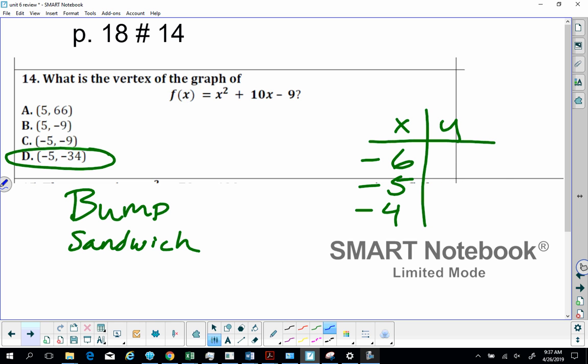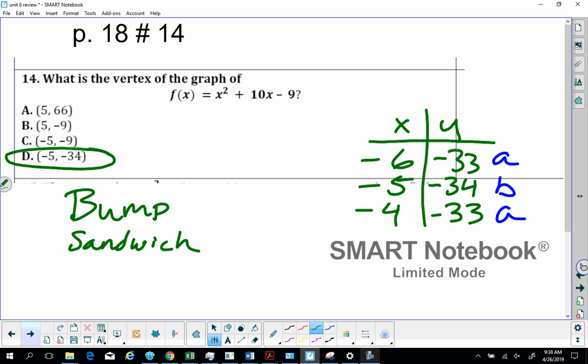Everybody got it? What's the point for -6 in your table? Next to -6, what does it say? -33. What does it say in -5? What does it say in -4?